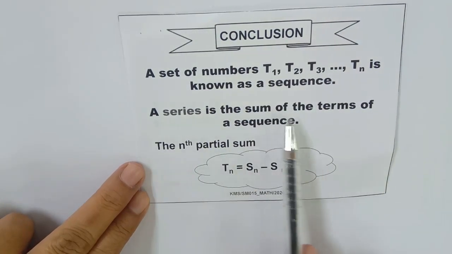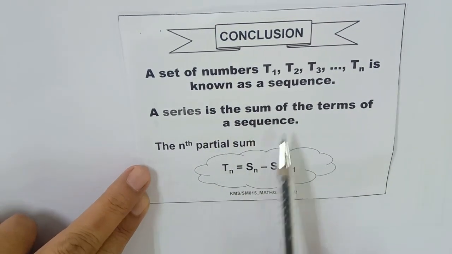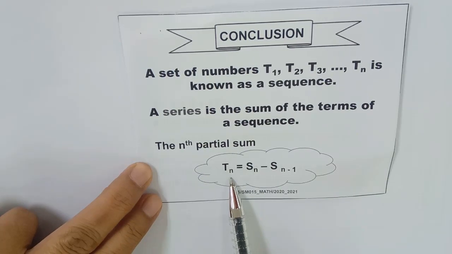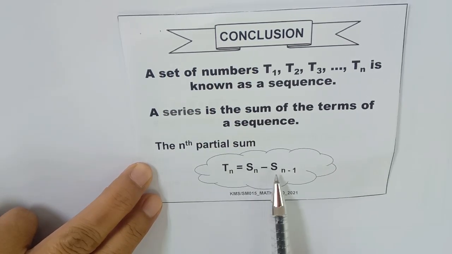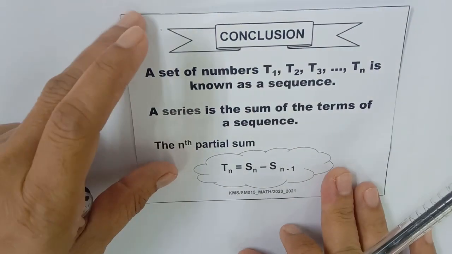Okay. A series is the sum of the terms of a sequence. The nth term is Tn equal to Sn minus Sn minus 1.